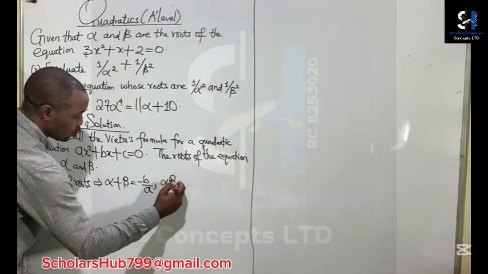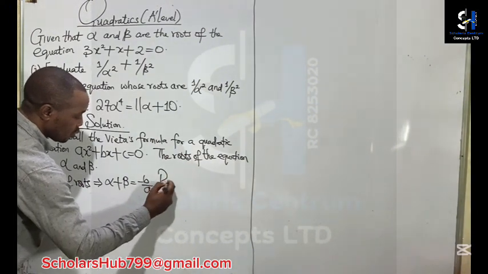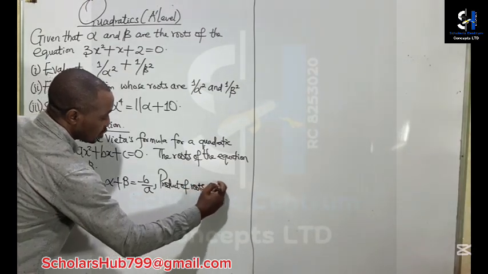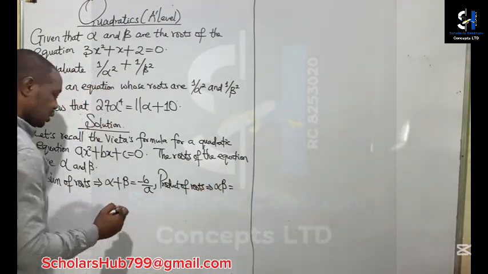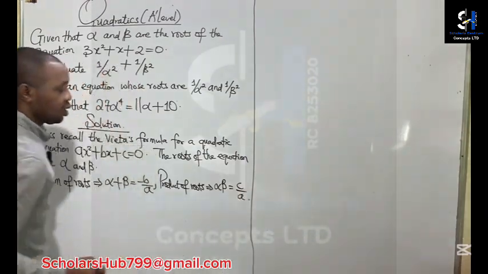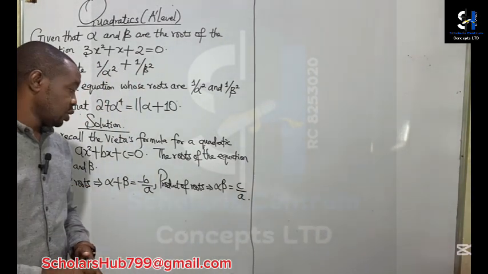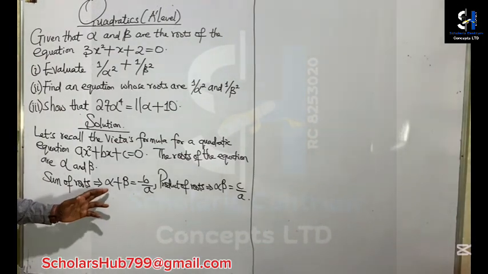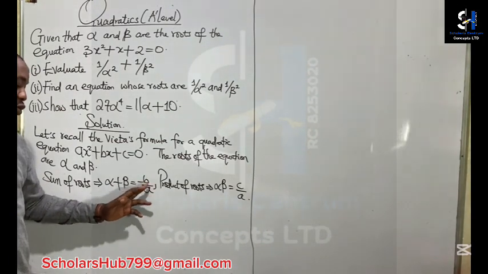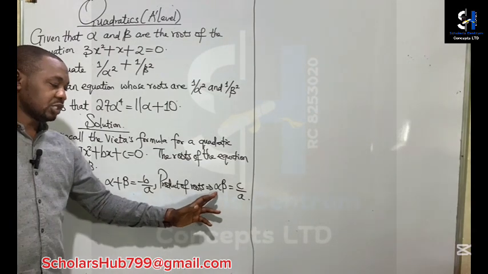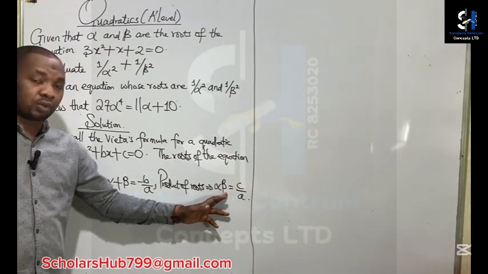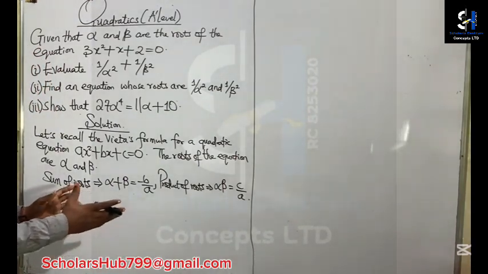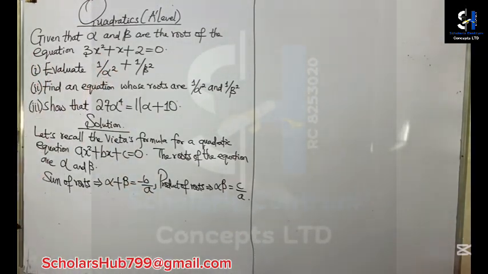The product of roots, alpha times beta, is c over a. Of course, there are proofs for all of this, using Vieta's formula. So now let's see how this can be applied to this question.